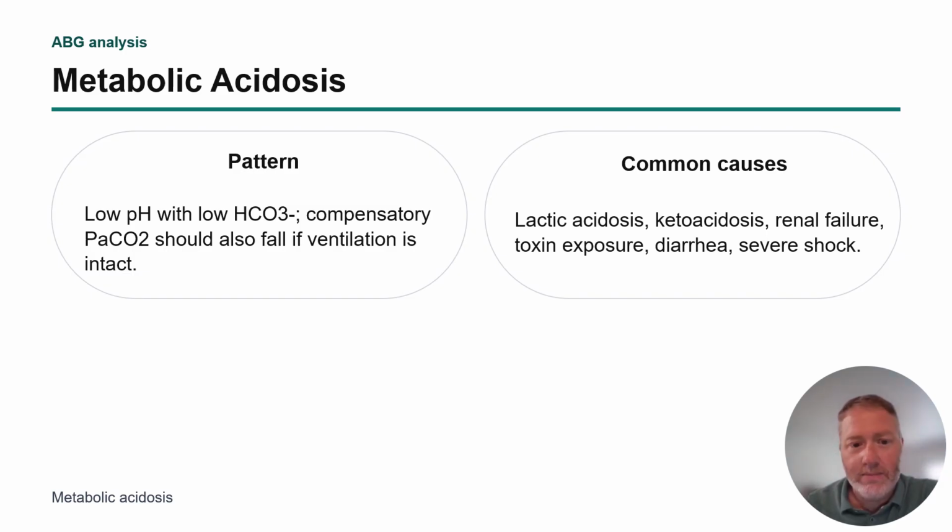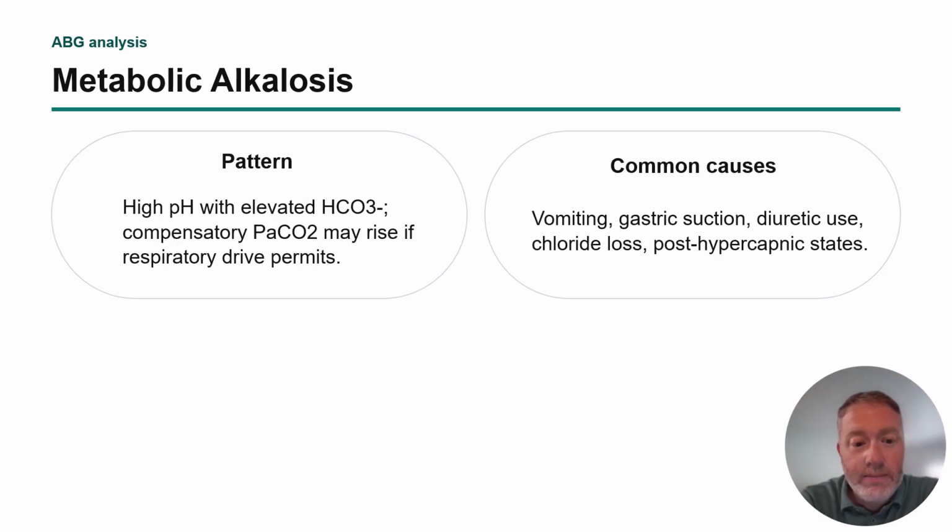for metabolic acidosis. On the flip side, metabolic alkalosis is when the pH and the bicarb are both high, and then the CO2 may rise with it if there's some compensatory mechanism, if the respiratory drive permits.